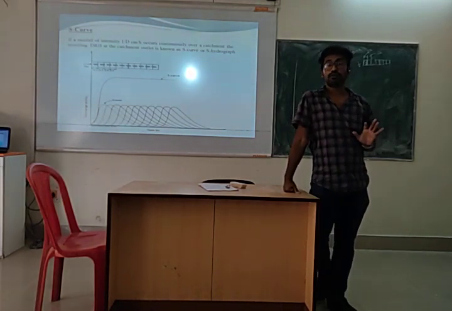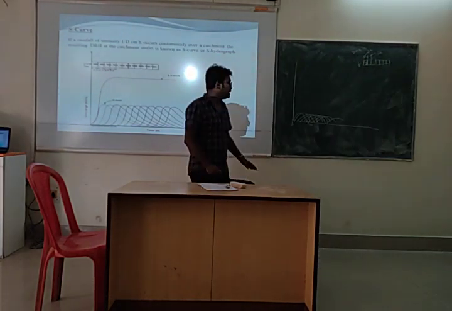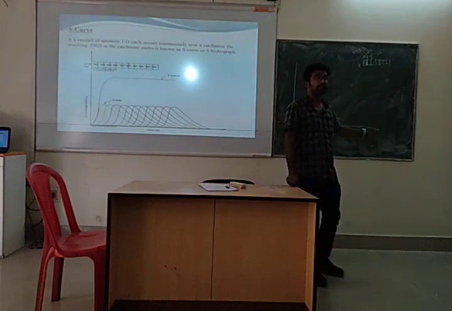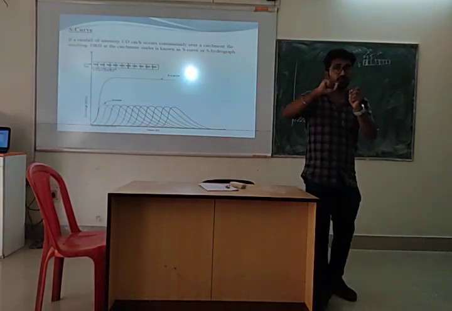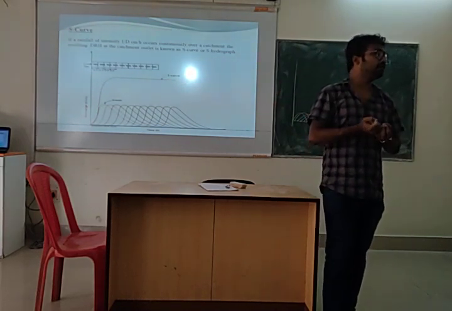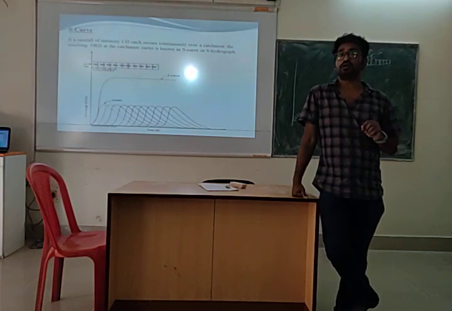So we will get this sort of unit hydrograph. Now, if you add up all those ordinates, you will get the total direct runoff hydrograph for the total precipitation, like the previous one.